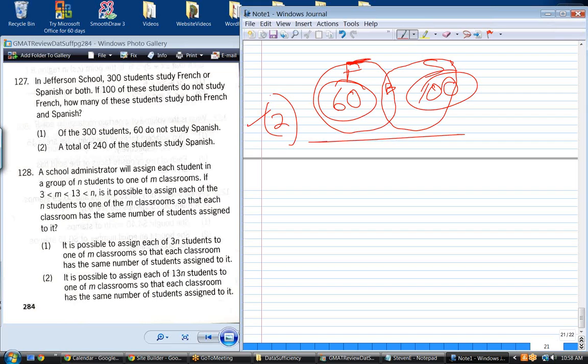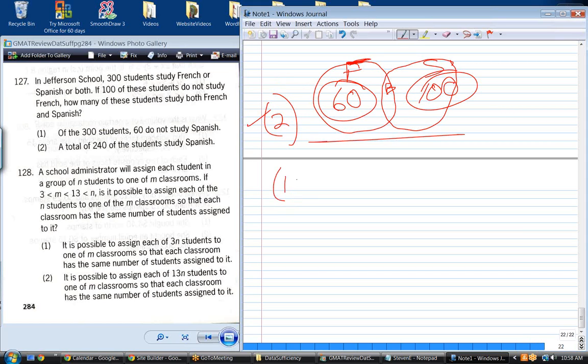If you take just the Spanish speakers, just the French speakers, and just both, then they have to equal 300. Right. So yeah, statement 2 and the stem tell us how many people take exactly French and how many people take exactly Spanish. So everybody else has to take both. So 2 works.